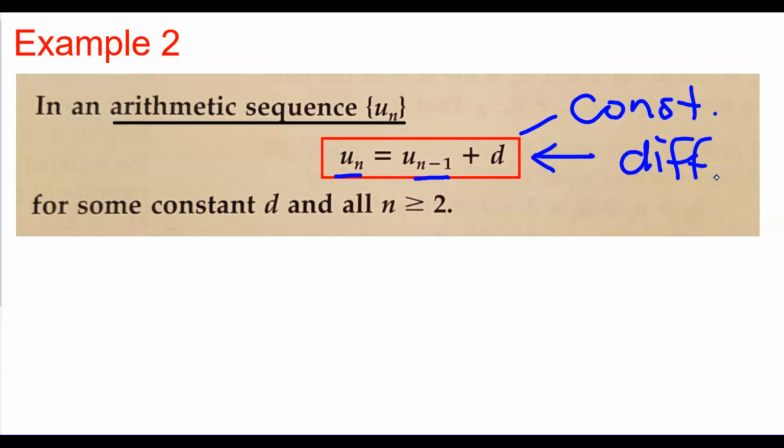And one thing I didn't mention in the last video is there's always a stipulation that n has to be greater than or equal to 2, and that's because the first term is always u1, and when n is 2, 2 minus 1 is 1. You can't go lower than that.